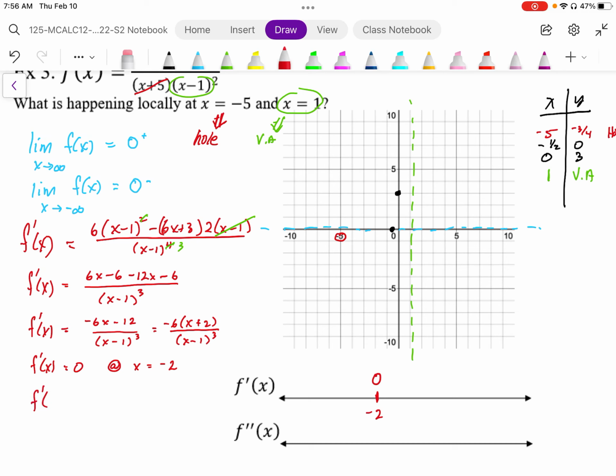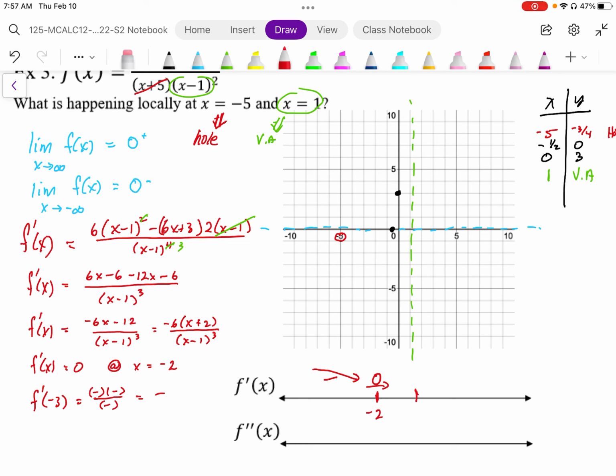So f prime of negative 3, when I plug negative 3 into there, I get negative times negative on top. So that's going to be negative 6, negative, and then I'm going to have negative in the denominator. So that's going to be negative concavity. Okay, sorry, negative slope. So it's going to be going down towards there. That's going to be a minimum.